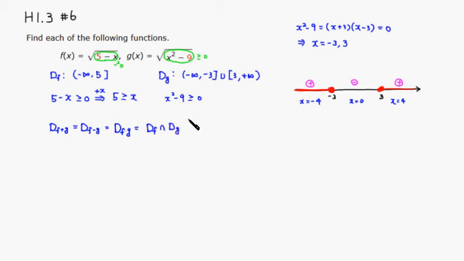So let's take the intersection of these two. This is the domain of g in red, and then we want the domain of f. It says that it has to be less than or equal to 5. So 5 is going to be probably around here.